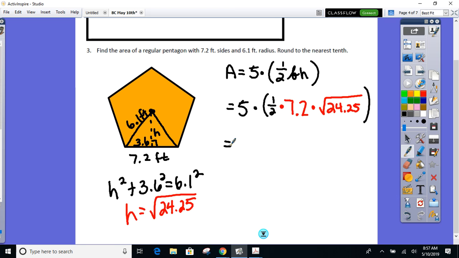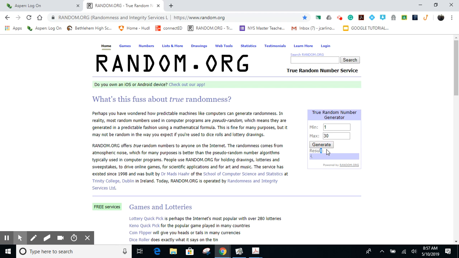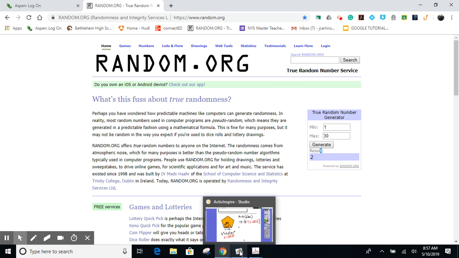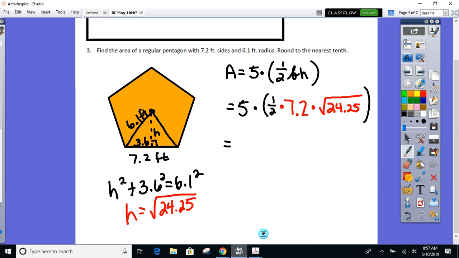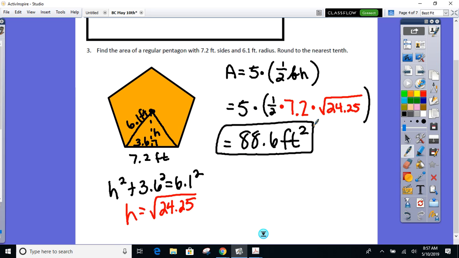Nearest 10th when you're ready. 88.6 square feet. Got it. Everyone good there? Nice. Okay.